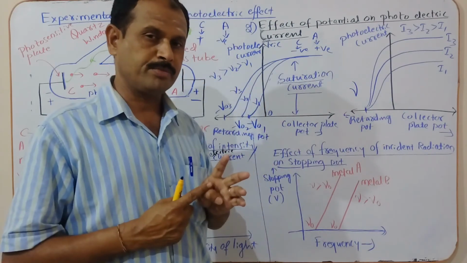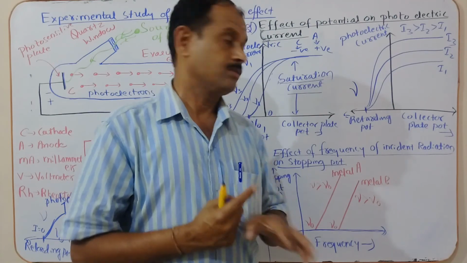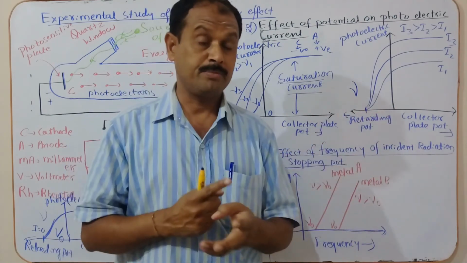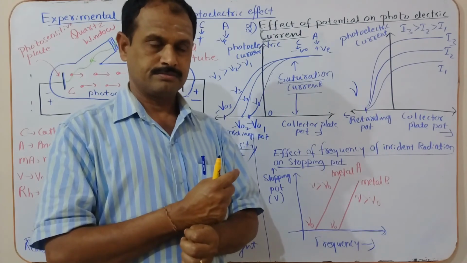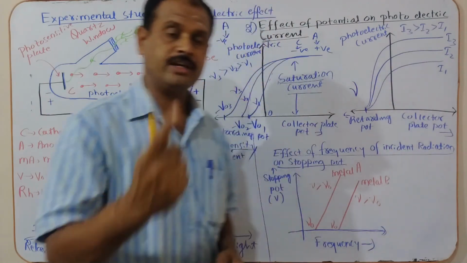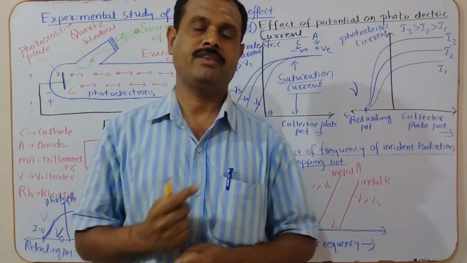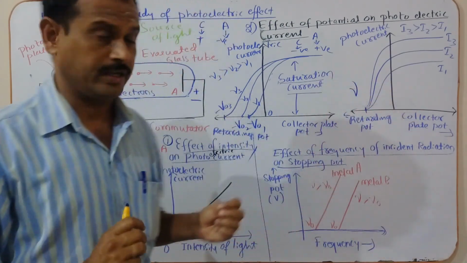ಆಗಲೇ ಹೇಳಿದೆ, stopping potential depends on frequency of the incident light. Now from this graph, stopping potential is independent of intensity of light. Now the saturation current depends on intensity of light. These are very important experimental results here.